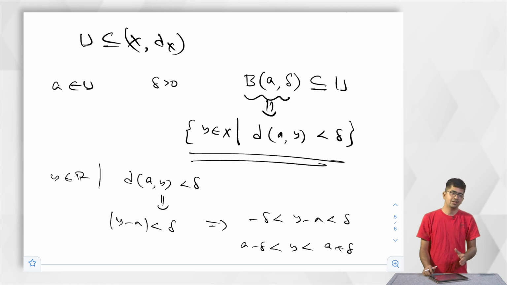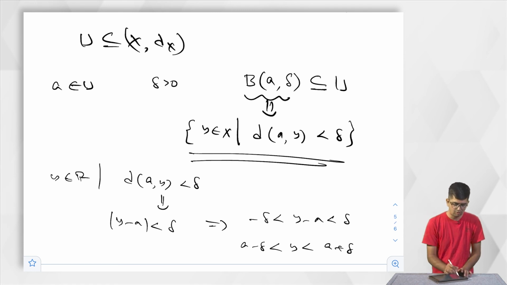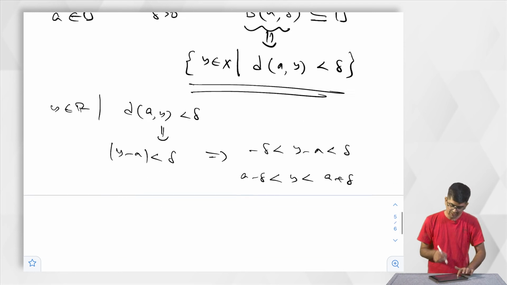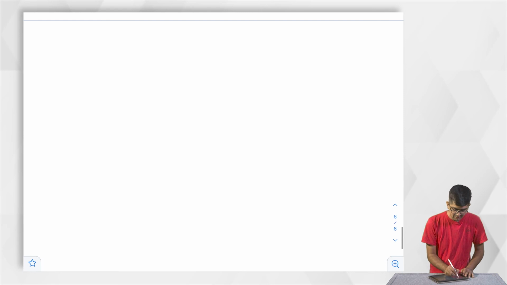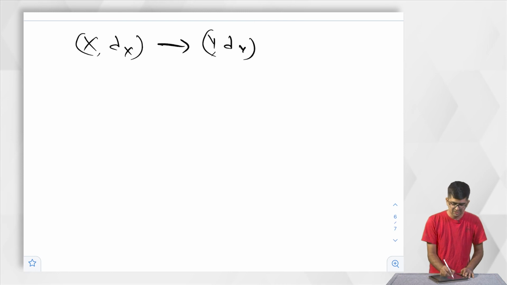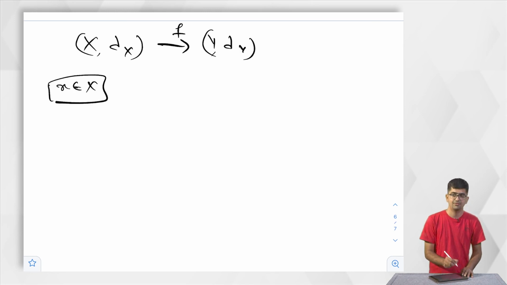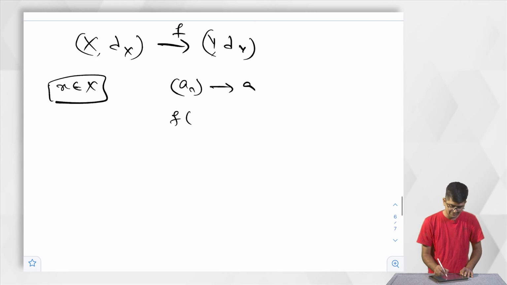Now we will try to use this notion of open subsets of a metric space to say something about continuous functions. Let us recall one more time the notion of continuity. Let us take two metric spaces (X, dX) and (Y, dY). A function is said to be continuous at some point x belonging to X if whenever there is a sequence a_n in X converging to x, we should have f of a_n converging to f of x.